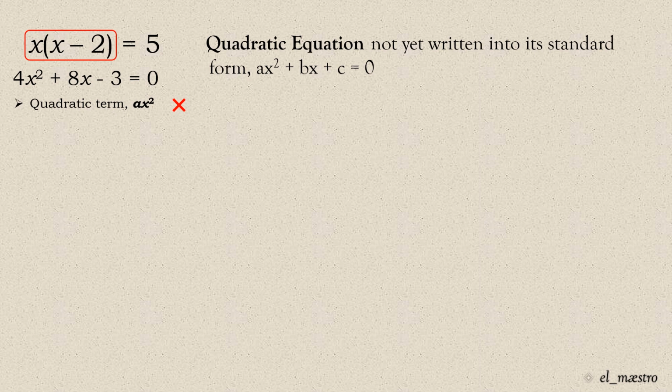So the next thing you do when you see no quadratic term is to evaluate and simplify. Evaluate whether it can still be simplified or expanded.